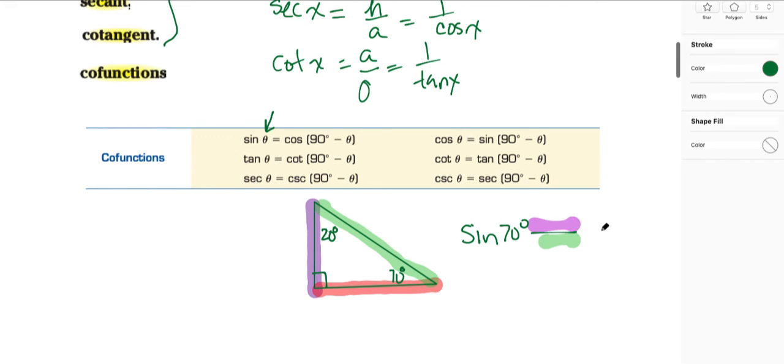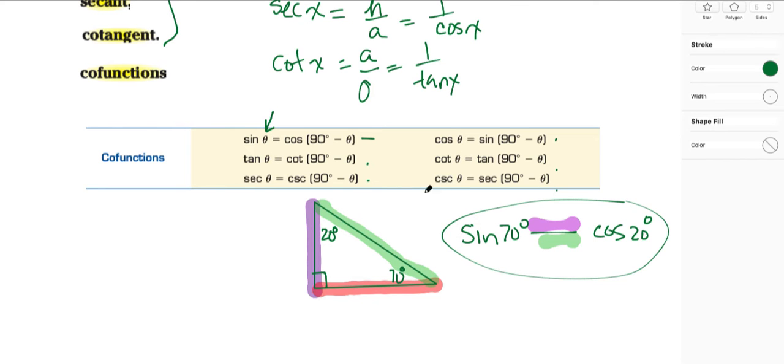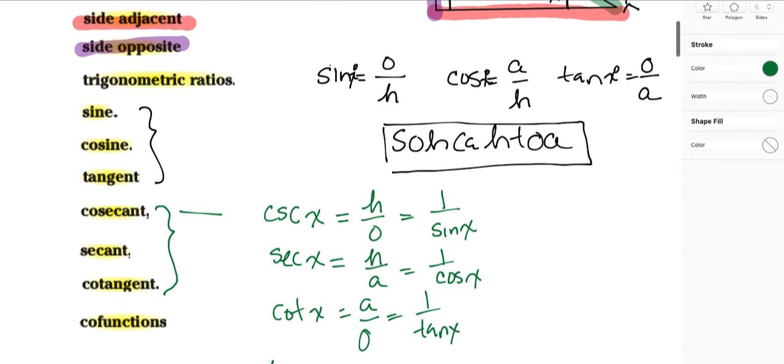Are you with me? So that will be the same as the cosine of 20 degrees. And that's why we see this relationship that they're discussing, and we'll see similarly these relationships happen with the cotangent, cosecant, and the tangent. All right? Okay, cool.